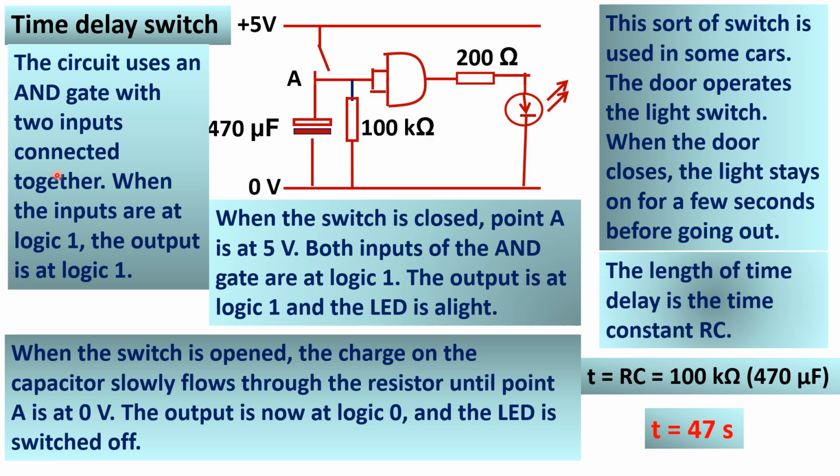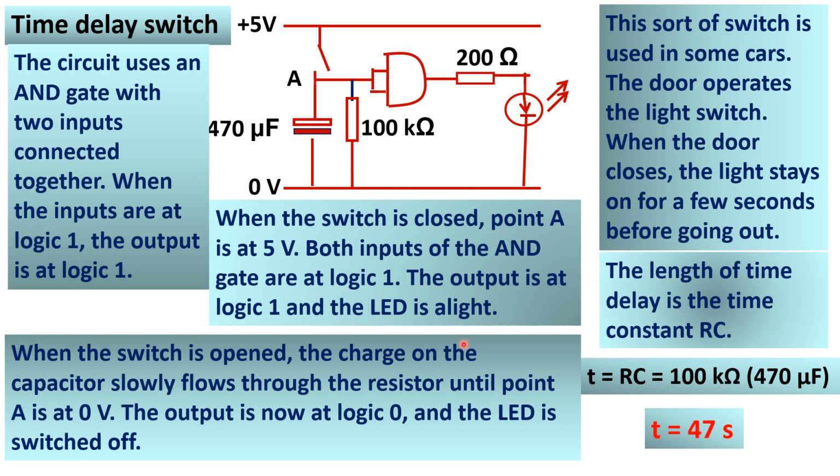It goes off only if the capacitor stops discharging, making the voltage at point A equal to 0. So when that happens, the input to the AND gate will no longer be at logic 1. So logic 0 will be the inputs, and therefore the output will be at logic 0, switching off the LED.